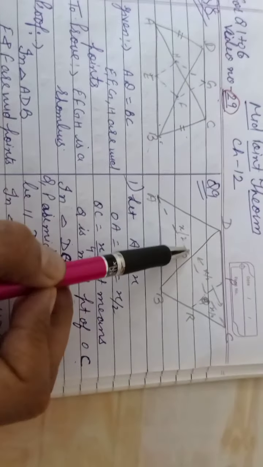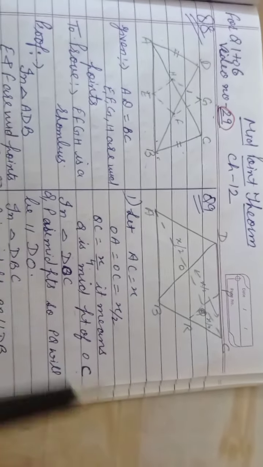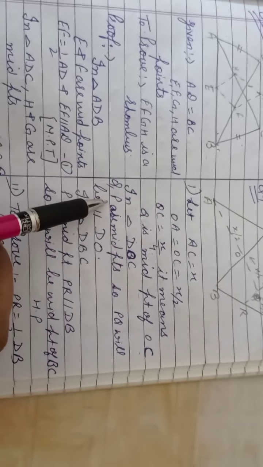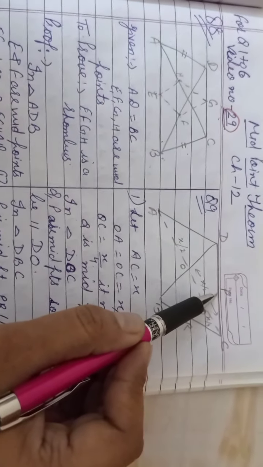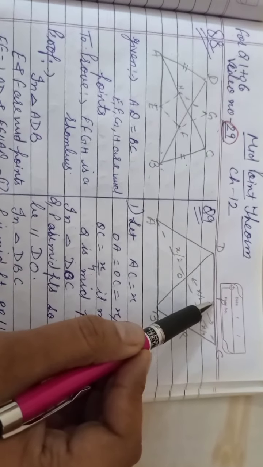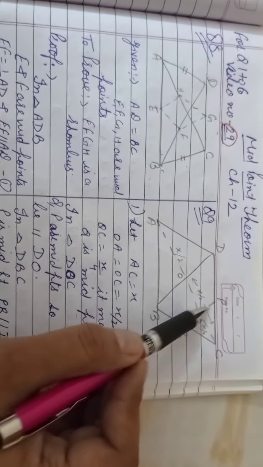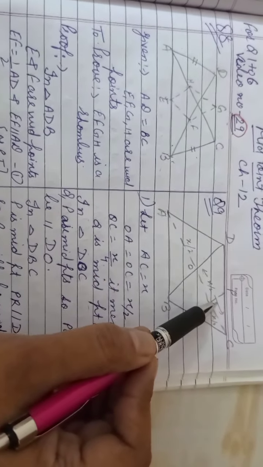So what I did, in triangle DOC, see children, Q and P are the midpoints. Q is already a midpoint and P is given to us as the midpoint of DC. We know that the line joining the midpoints will be parallel to the third side as well as half of it. Clear?